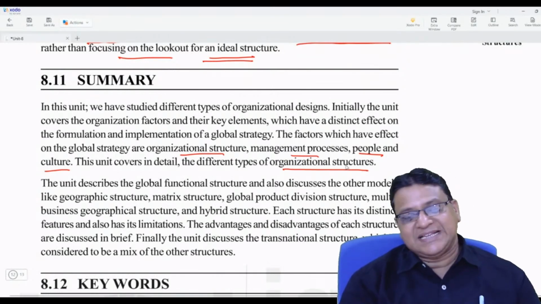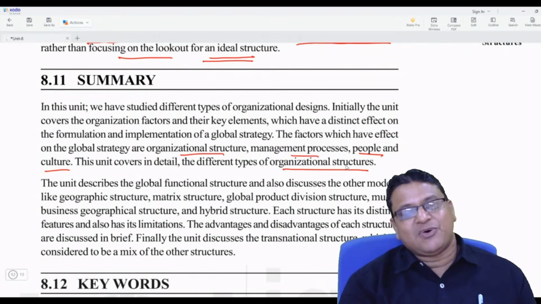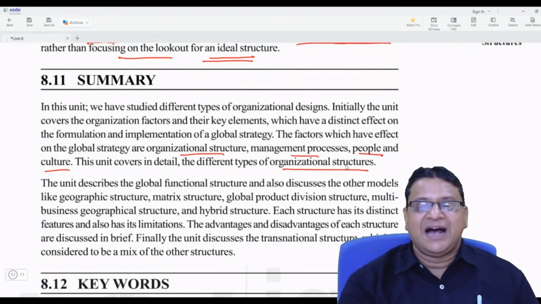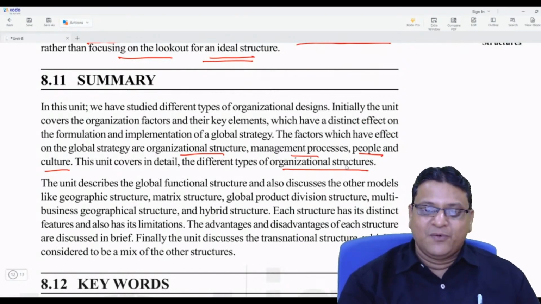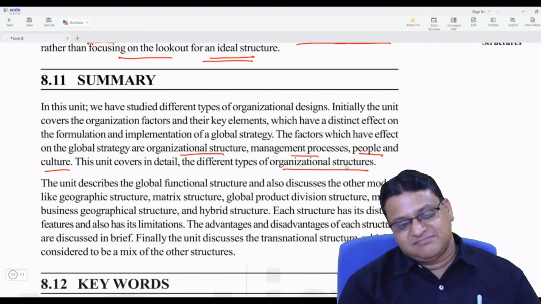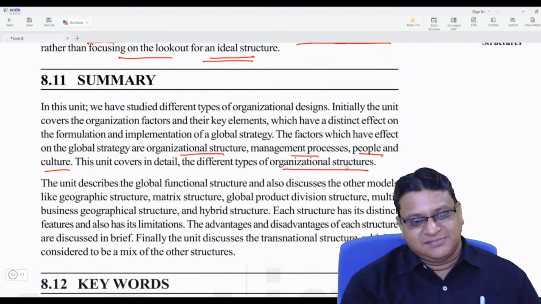Organizational structure is the way in which the business is organized. It's the way in which people in the business are arranged. It's the way decision-making authority is designed. It's the way work flows in an organization.